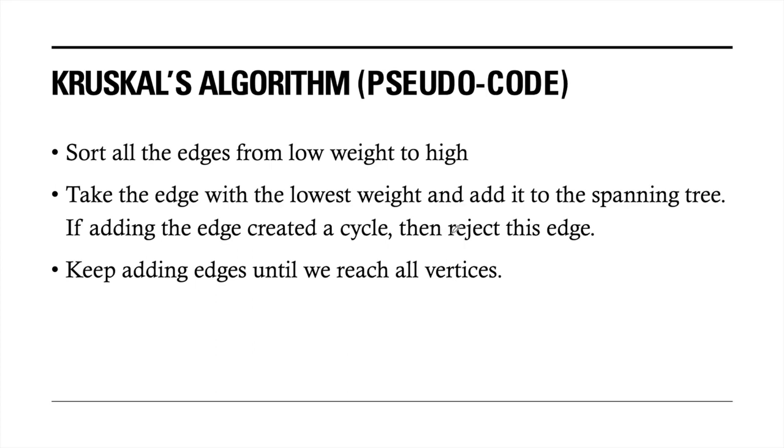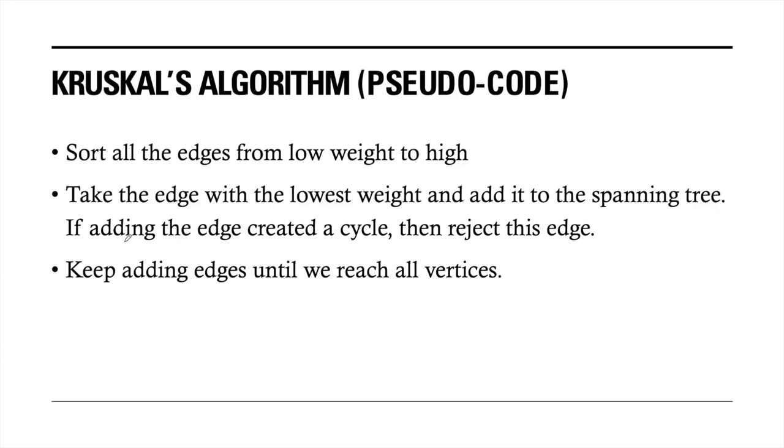Now, this slide gives you the pseudocode of the Kruskal's algorithm. There is a mathematical or computer science code in order for us to apply the Kruskal's algorithm. But I think for us to easily understand how the algorithm works, it is best for us to see and understand the pseudocode, or the code in English. And let me read the steps of this algorithm. First, you sort all the edges from the lowest weight to the highest. Then, after sorting all the edges, you take the edge with the lowest weight and add it to the spanning tree.